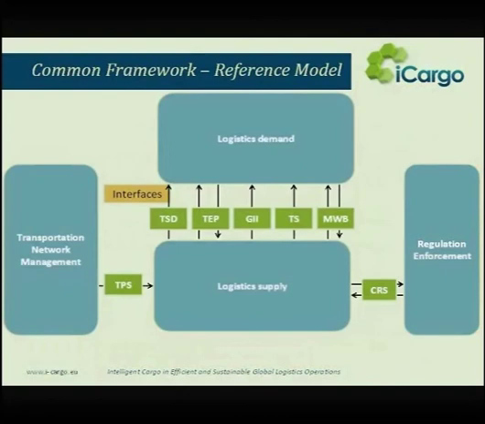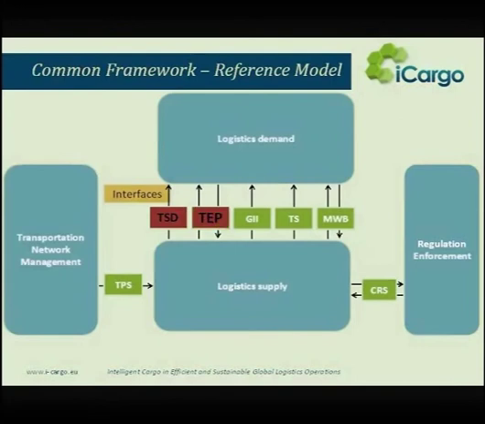When trying to develop the common framework ontology, we were focused on the interfaces or information models. The different interfaces that were implemented were the TSD, or the Transport Service Description, that enables a logistics service provider to announce her transport logistics services to one or more clients.